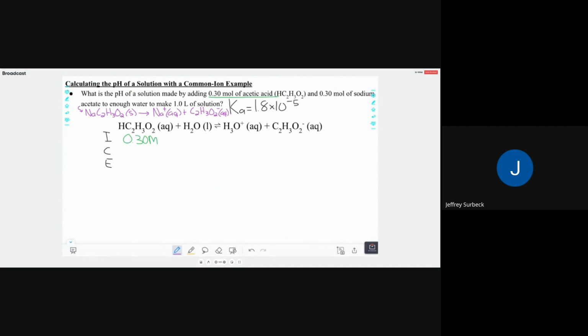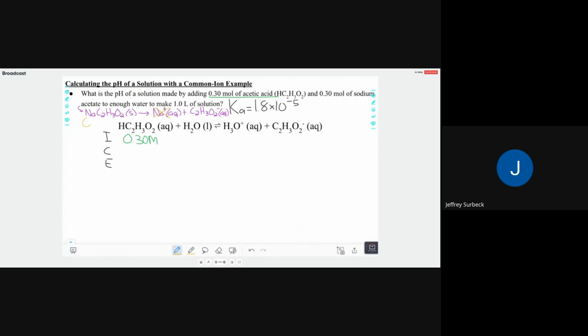Is there any Na+ in this equation? No. So we don't really have to worry about it. It's there, but it's a spectator ion, and again, it will not affect the pH.